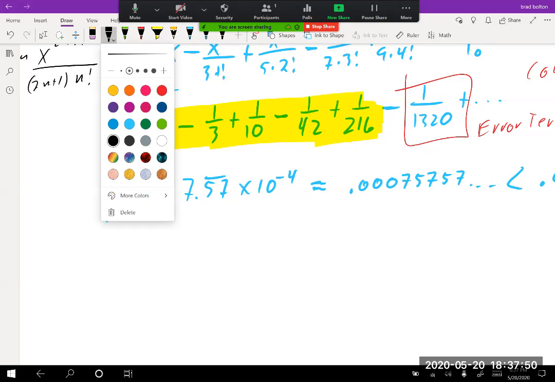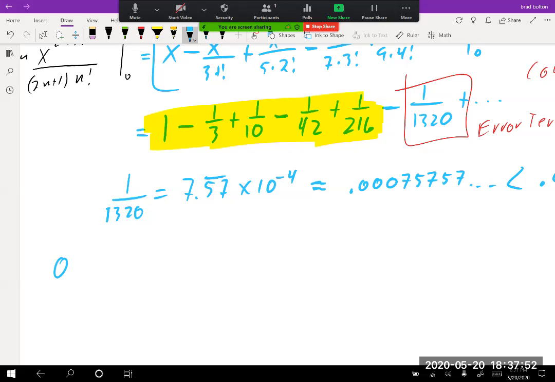So our sum is approximately 1 minus 1/3 plus 1/10 minus 1/42 plus 1/216. So let's see what that is.